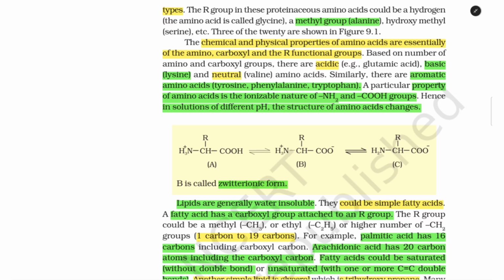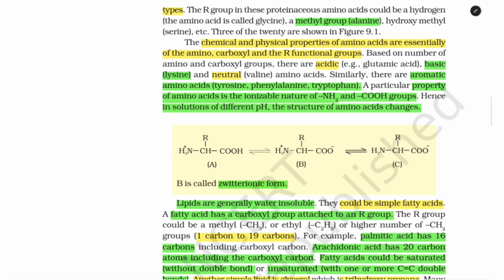The chemical and physical properties of amino acids are essentially of the amino, carboxyl and the functional R groups. Based on the number of amino and carboxyl groups, there are acidic, example glutamic acid, basic, example lysine, and neutral, example valine, amino acids.